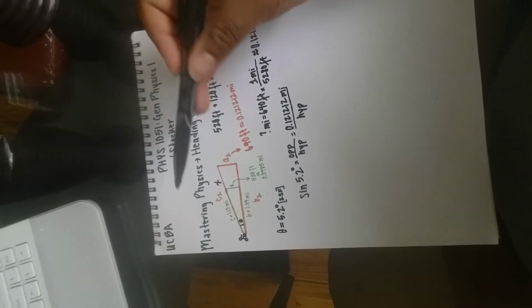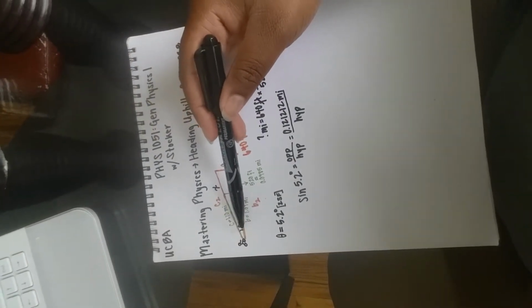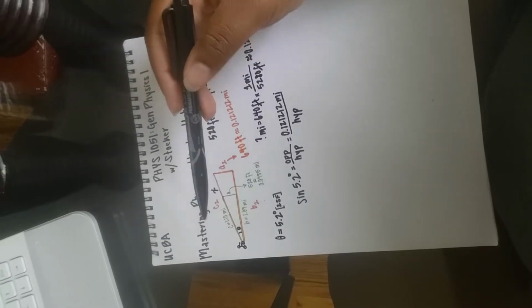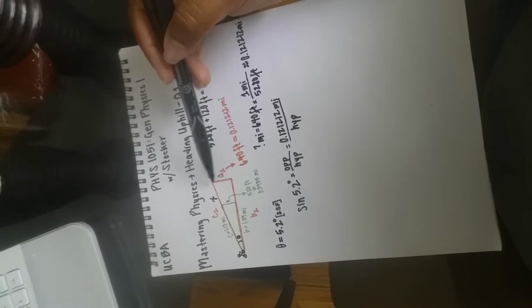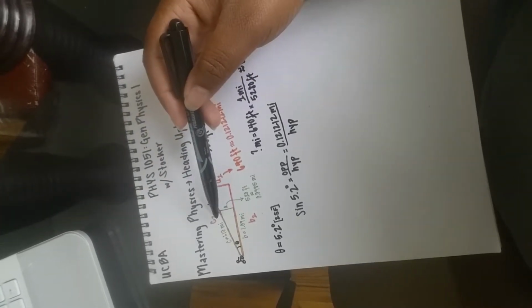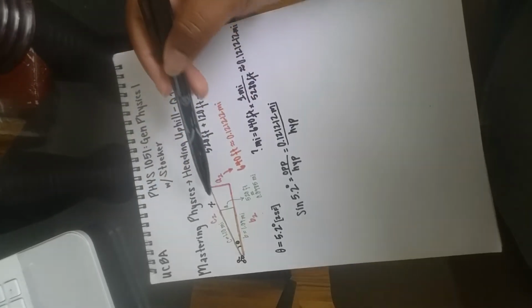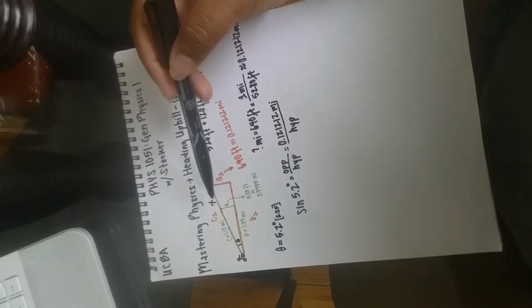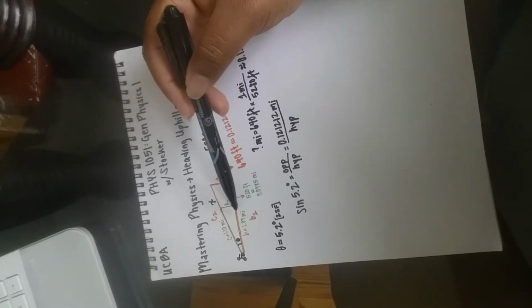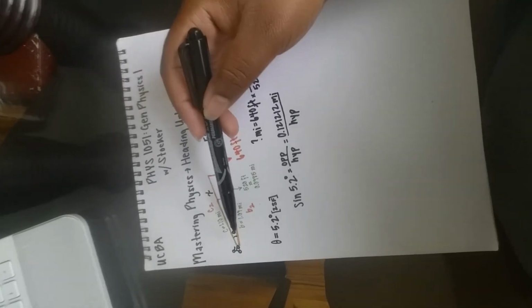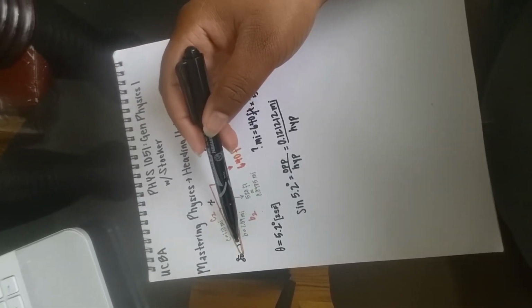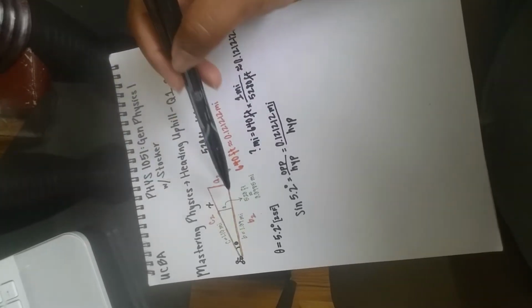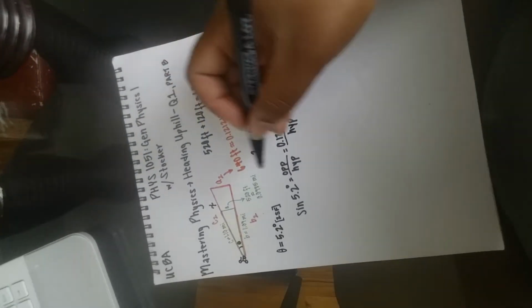Where angle theta is, the opposite side of the triangle is A2, and our hypotenuse is C2, since that's the longest side of the triangle. And our adjacent, which we're not using for this problem, is the side adjacent to theta, which is B2. And that's how I got the opposite over hypotenuse portion.